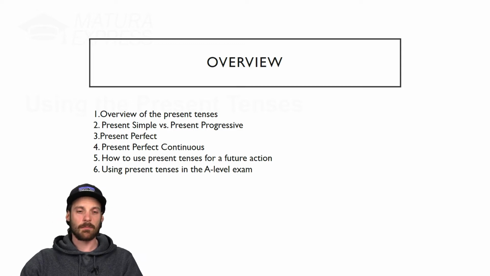Then we're going to compare present simple and present progressive. After that, we're gonna have a look into present perfect and present perfect continuous, which is the same as progressive. And then we have a short look into how to use present tenses for a future action.